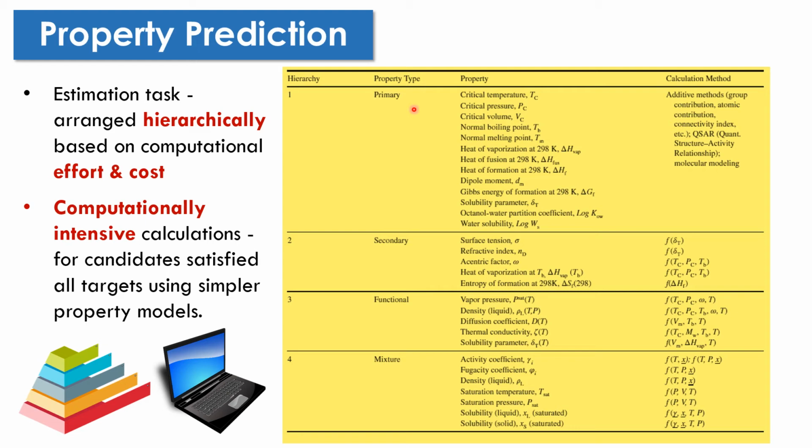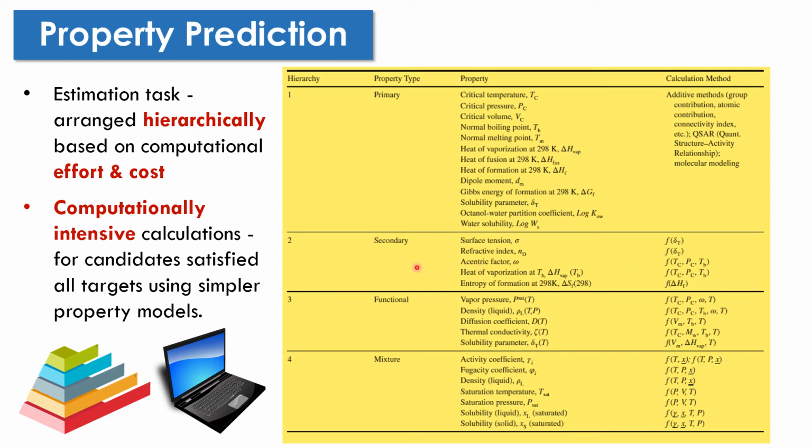So maybe from 1,000, you get 500, for example. Then if there are secondary properties that we need to estimate, we just need to estimate for the 500 candidates. So we have a lesser amount of candidates with a higher complexity of the model or method, right?